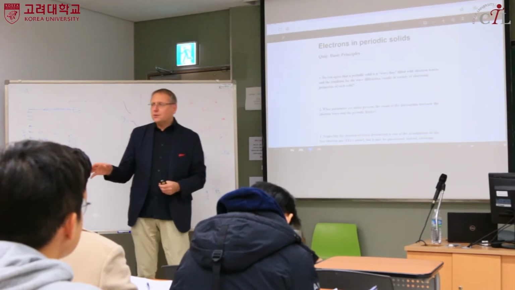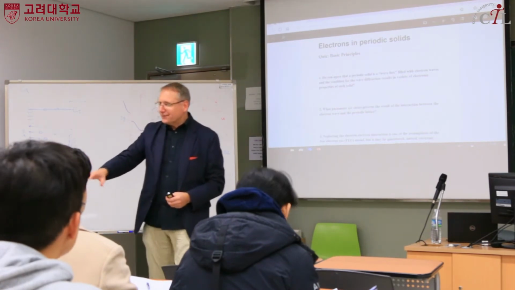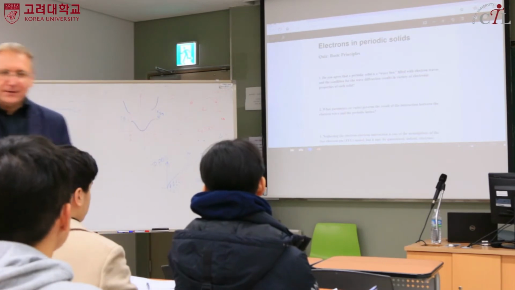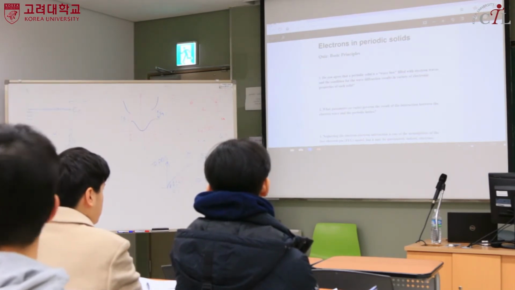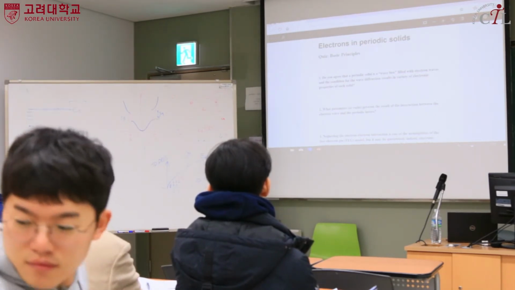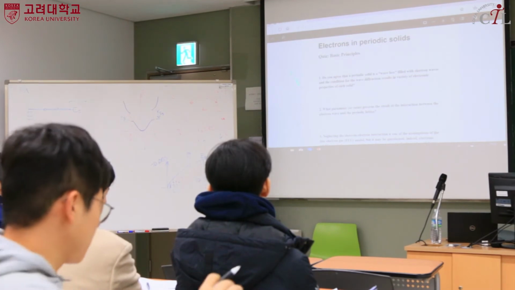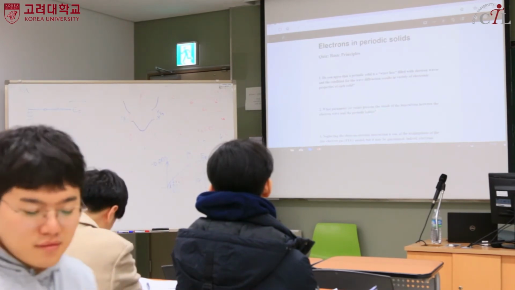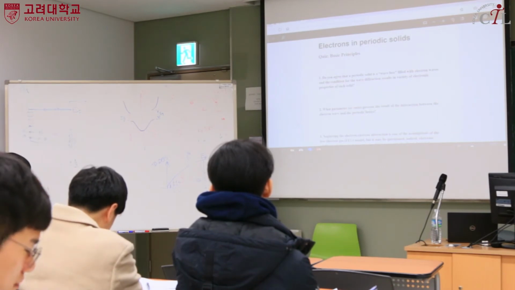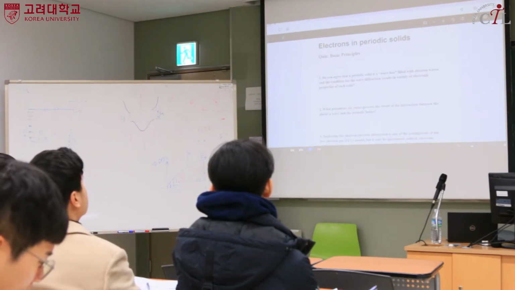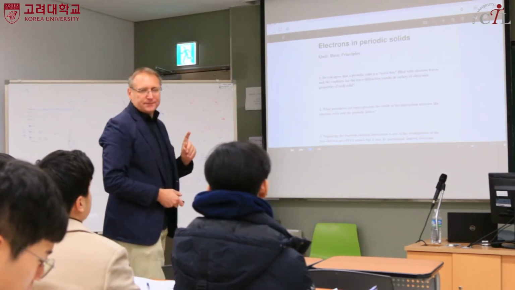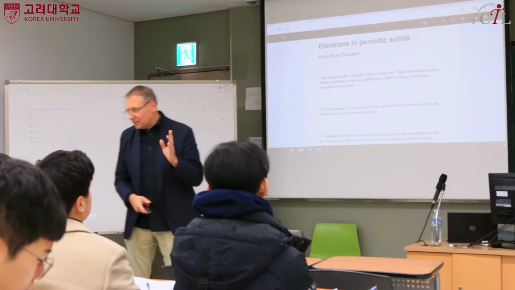I suggest you build groups here and discuss this question. What parameter or ratio governs the result of interaction between electron wave and periodic lattice? There is really only one parameter.